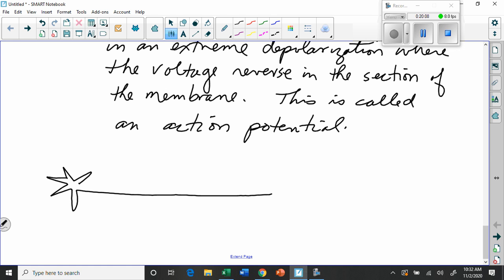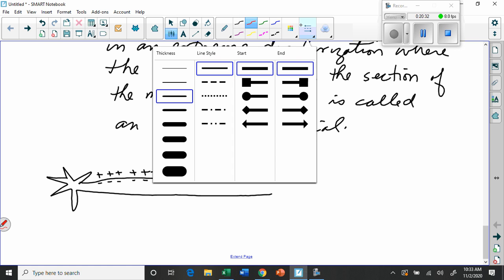The voltage reverses actually in the section of the membrane. Okay, so here's our area of the membrane. I'm going to sort of draw it down near this end. Remember, we've got positive on the outside, right? And negative on the inside. But in this little section, I've left a space there on purpose, right there, in that space.